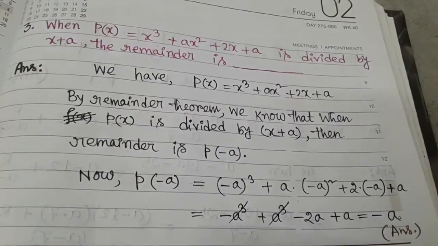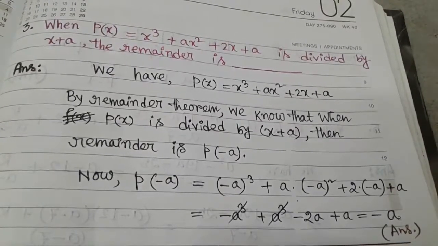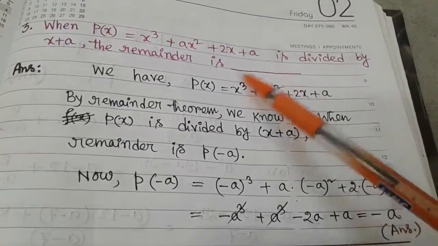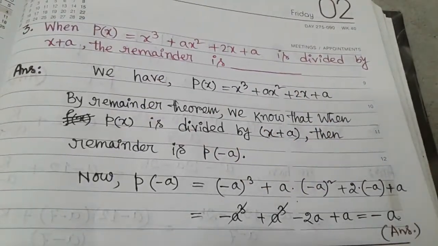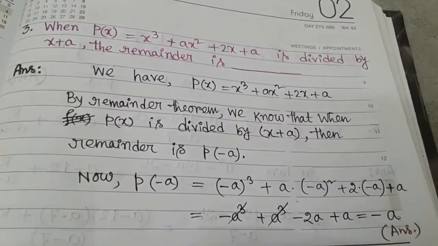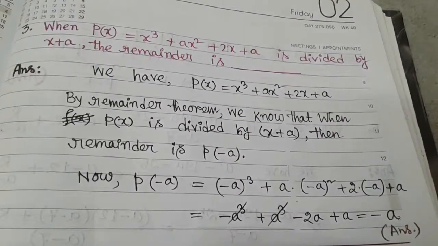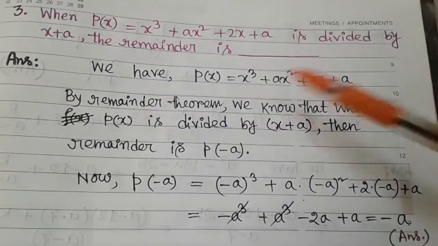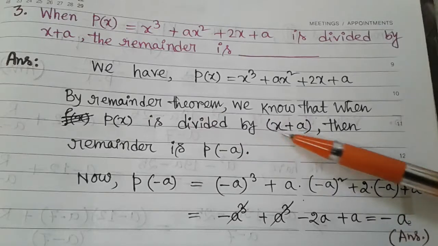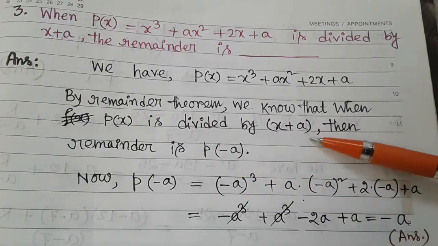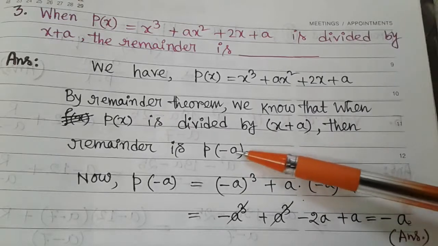The third problem is: when p of x is equal to x cube plus ax square plus 2x plus a is divided by x plus a, find the remainder. We have p of x is equal to x cube plus ax square plus 2x plus a. By the remainder theorem, when p of x is divided by x plus a, the remainder is p of minus a.